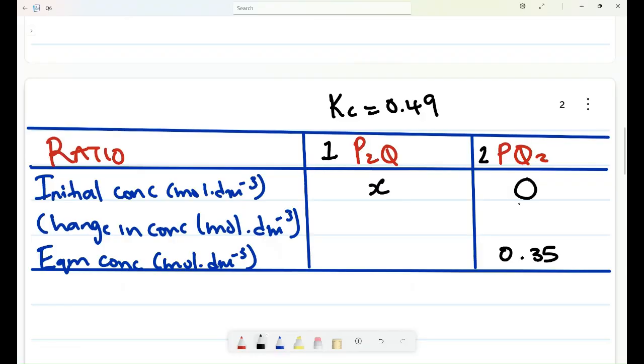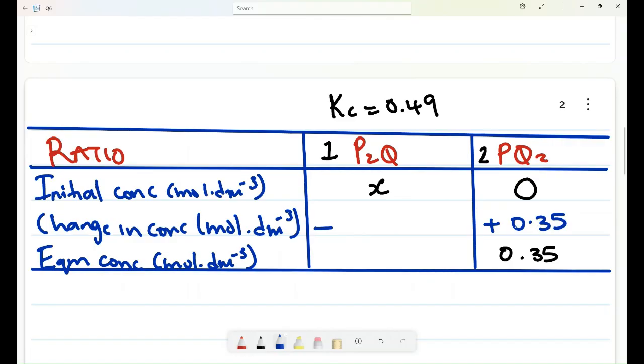Now I want you to realize something. The change here, since we are forming PQ2, this will be plus, and since we are using P2Q, this will be minus. So how much did this gain? It gained 0.35 so that it can reach this one again. But for this one, on the change, we use the mole ratio.